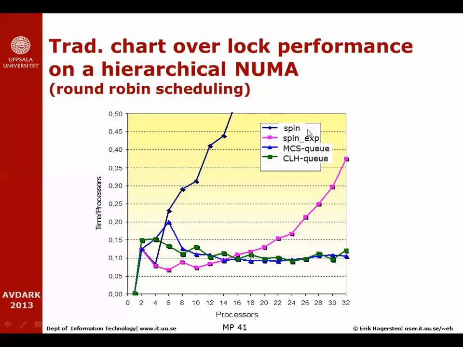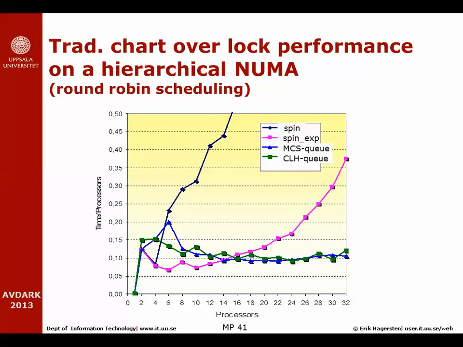We have a version of a spin lock we haven't talked about, where you have a spin with exponential backoff. It performs much better. We have the CLH lock, which is a queue-based lock, and this other lock proposed by Mellor-Crummey and Scott. Scott is the one who wrote the paper we have in the course directory, and it's really comparable to the CLH lock.